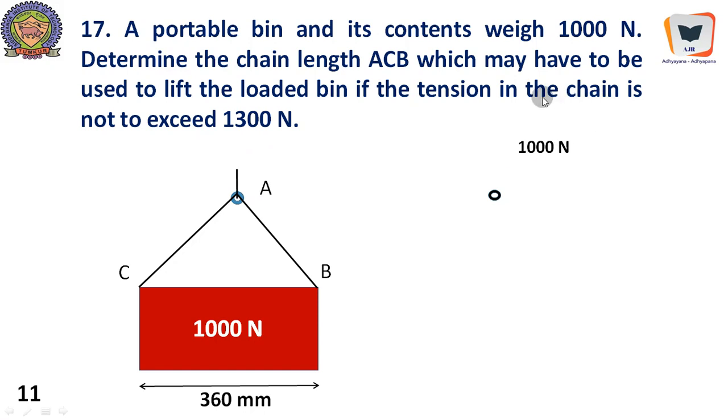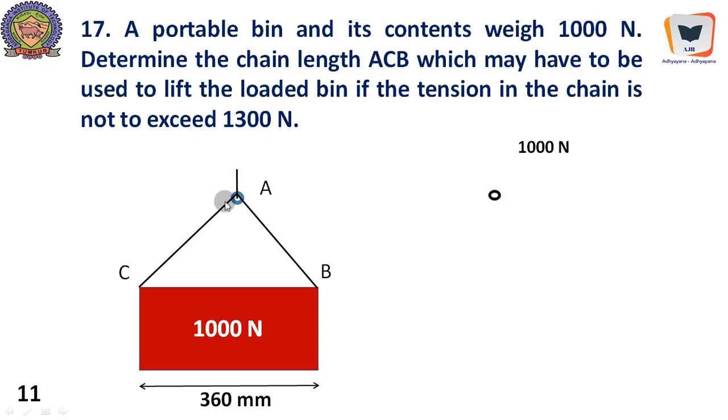And the tension in the chain should not exceed 1300 Newton. If it exceeds, it may end up breaking. Therefore, the maximum amount of force that can be developed in AB and AC, the entire chain, should be limited to 1300 Newton.